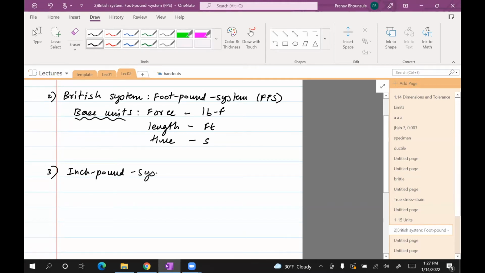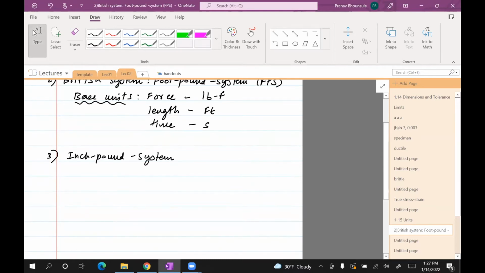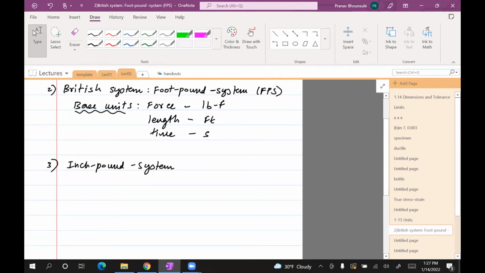I'm unaware of the development of this system, but it's the same as the British system, FPS, except that length has units of inches instead of feet.